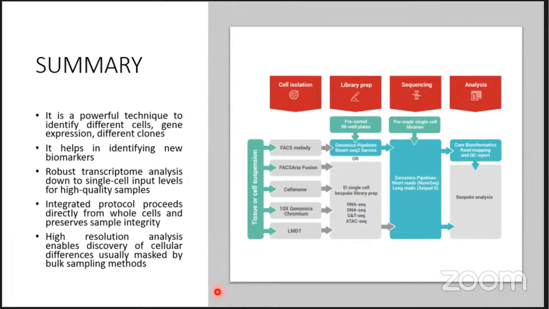The integrated protocol proceeds directly from whole cells and preserves sample integrity. Suppose we have data from single cells; with bulk data we can only assume that the entire population is of the same type. High resolution analysis enables the discovery of cellular differences which are usually masked by bulk sampling methods.